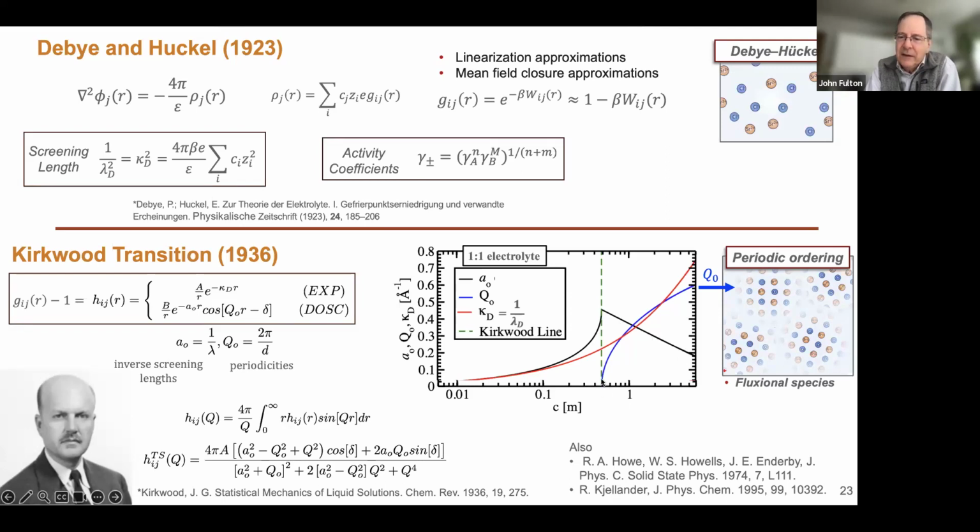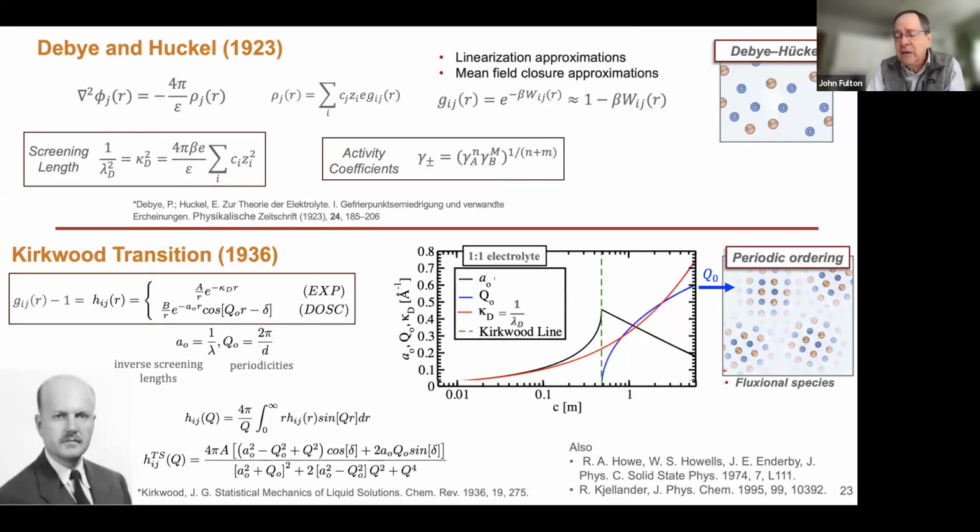The other thing is the Q naught, the appearance of a pre-peak that moves to higher Q values as a function of concentration. So this has been a very active domain of theory. Over the last 20 years, there are dozens of theory papers that confirm the expectation of this behavior.